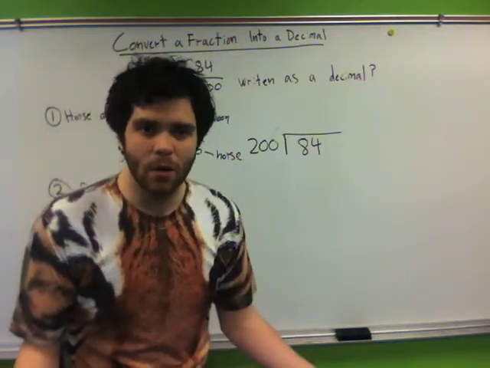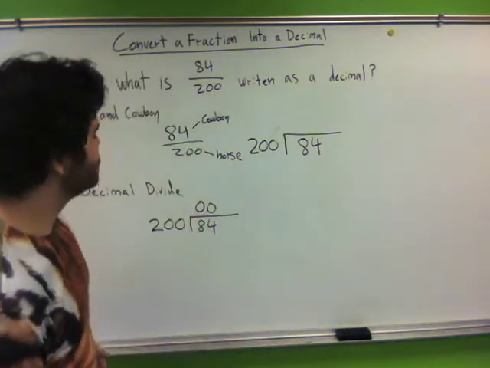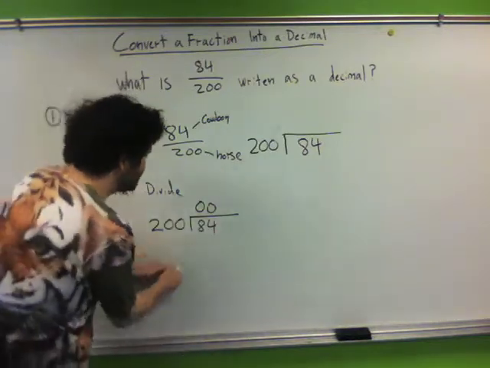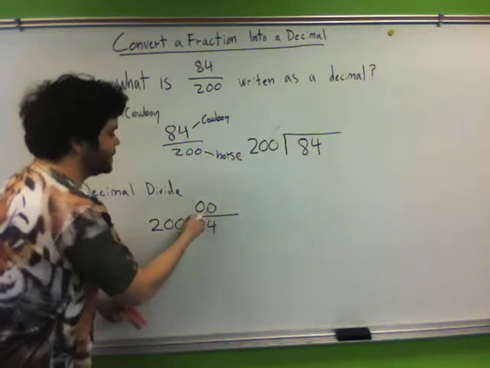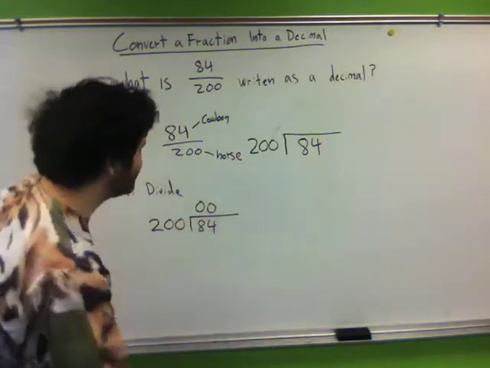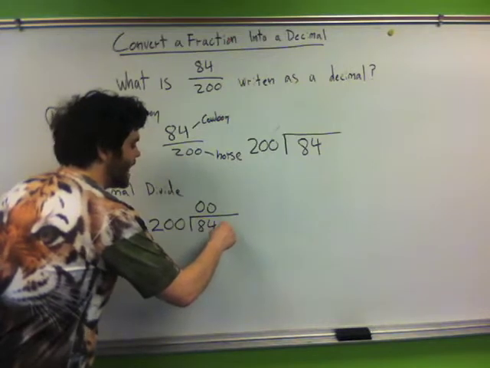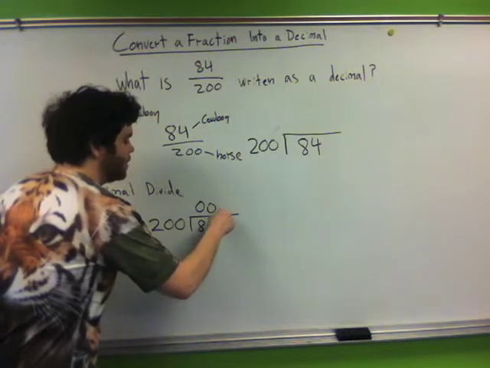Now what do we do? Well, if we're good decimal dividers, we know that if we run out of space, if we need to fit this 200 in but we just simply can't, we have to add a decimal right here and throw it up top as well.